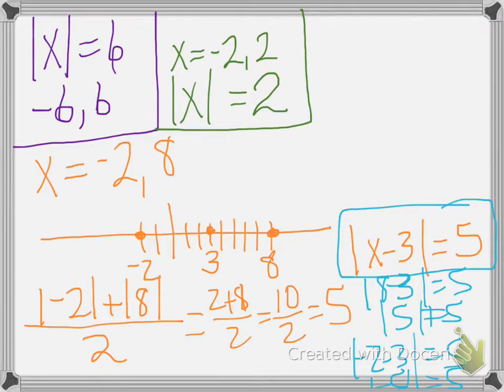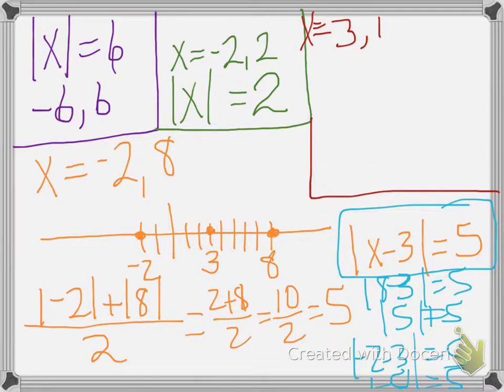Let's do another one. We'll use that kind of burnt red color. Okay, let's do this. Now, let's say x is equal to -3 and +1.